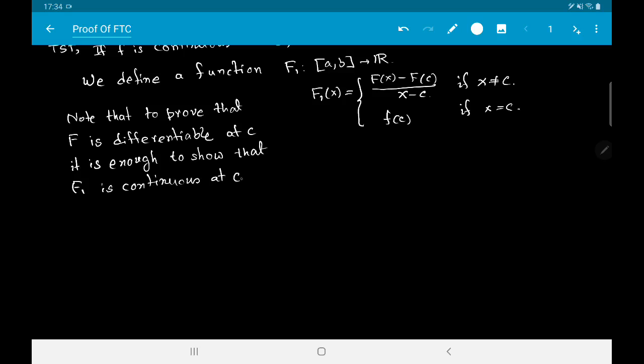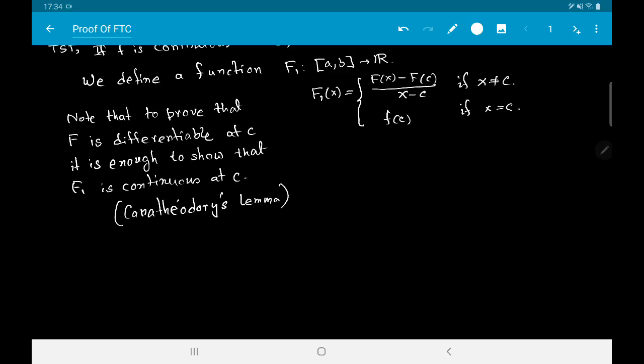And this will also prove our claim that big F prime of c is equal to small f of c. All these things follow from a very nice result in differential calculus, called Carathéodory's lemma. I am sure that you have seen it in your calculus 1 course. If not, just feel free to write to me. I will make a very short video on this.